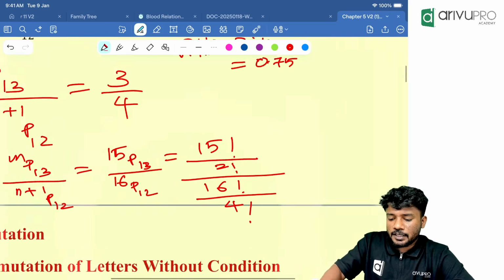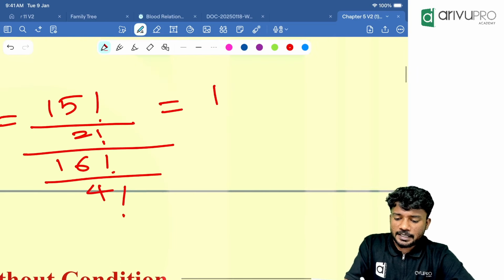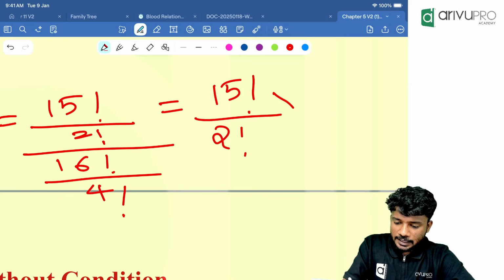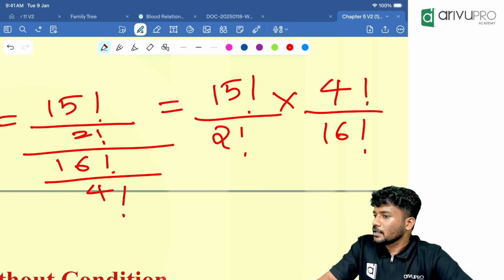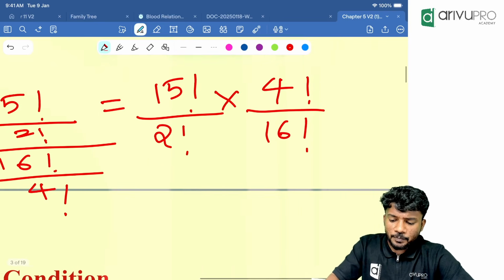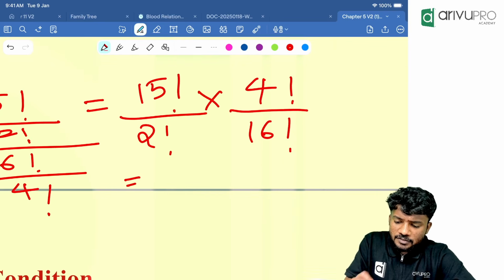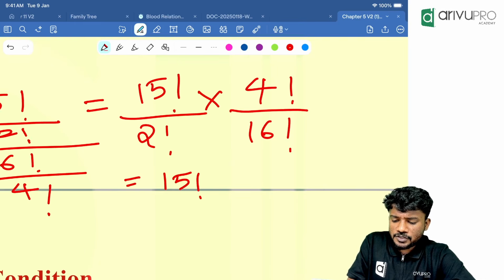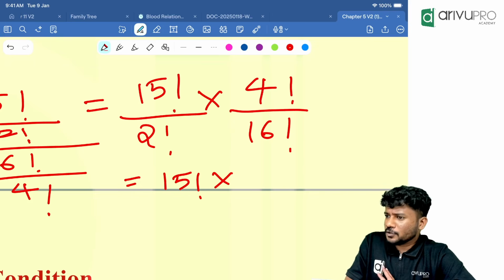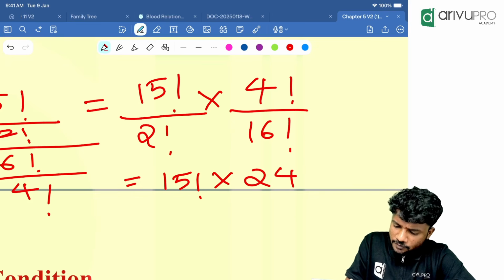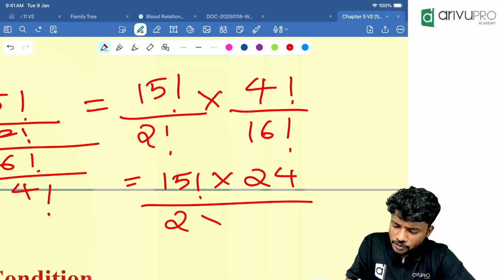Now, people, can I write it this way? 15 factorial divided by 2 factorial, into 4 factorial divided by 16 factorial. Yes, I can write it that way. Now, how will you rewrite this 4 factorial? 4 factorial is nothing but 24, that is 4 into 3 into 2 into 1. 24 divided by 2 factorial, which is 2.